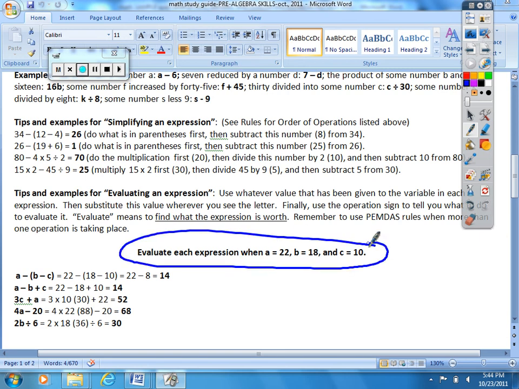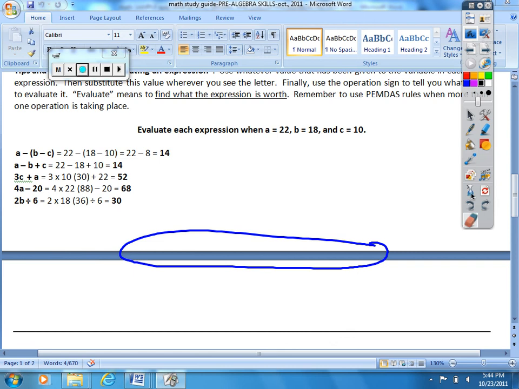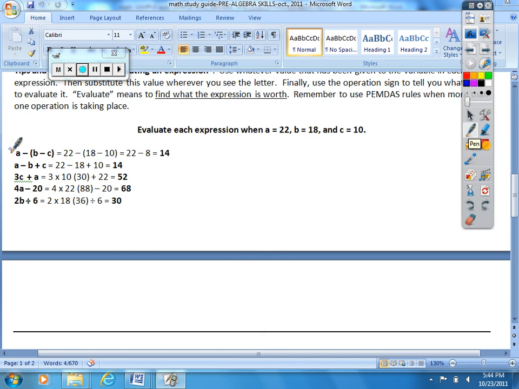Down here at the bottom, I'm not going to go through these in depth either. I just want to point something out, how I did this. I did this in the correct order. Let's look at the first one. The first problem is A minus B minus C. Well, I've got parentheses.